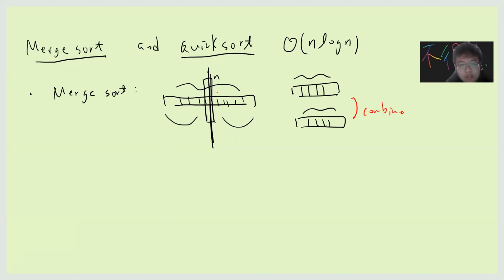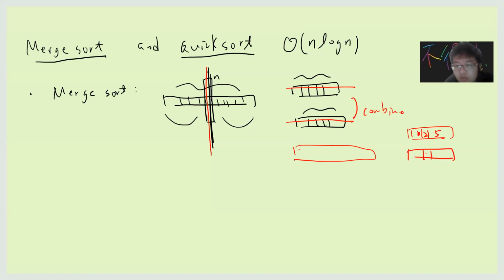This idea is called divide and conquer in computer science. Basically, you separate it and you combine it. Let's say this is sorted, and you just combine it. This is simple, right? You can create another array. For example, say this is 1, 2, 5, and this is 4, 8, 9.